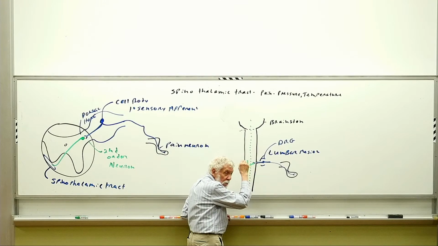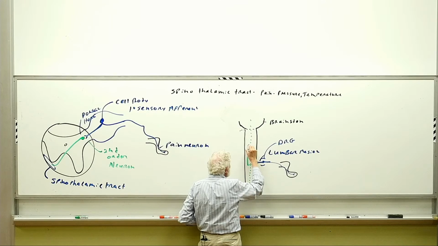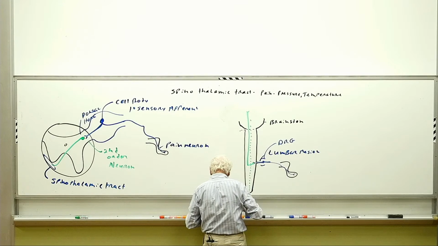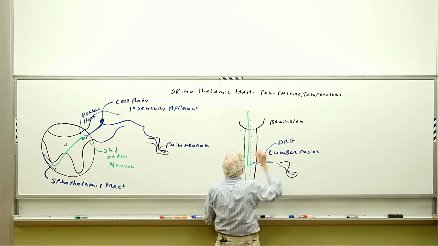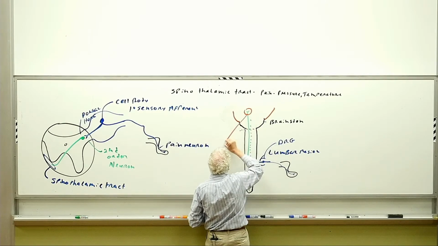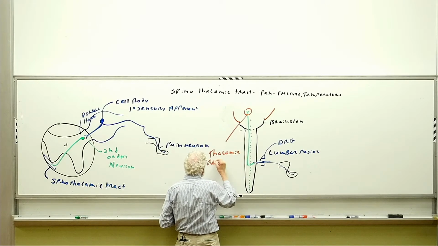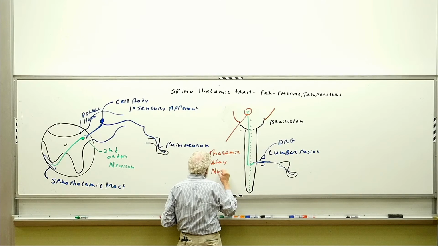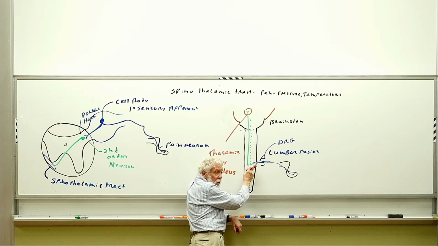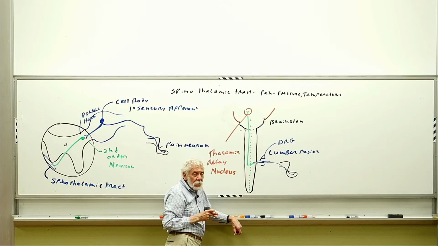This will be one neuron with its cell body in the dorsal horn, ascending the cord all the way through the brainstem, ending up here in part of the midbrain, known as the thalamic relay nucleus. So again, it's the spinothalamic tract. It has the cell body in the dorsal horn, has its output region in the thalamus.